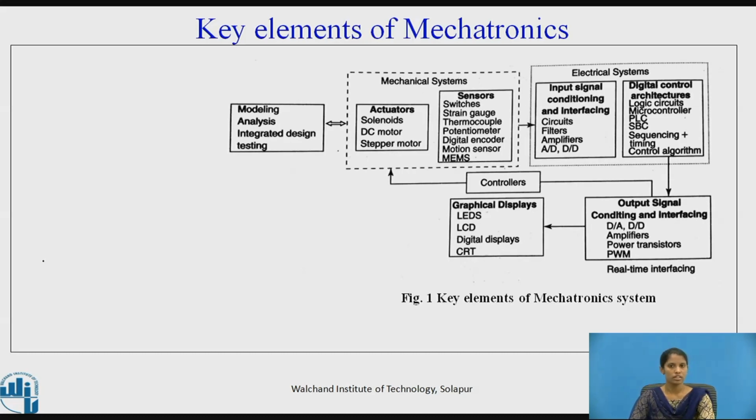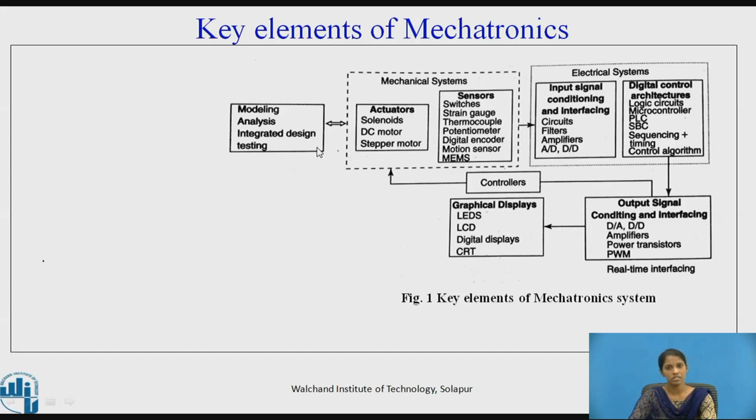Figure 1 shows the key elements of mechatronic systems. This is the block diagram of mechatronic systems, where it consists of modeling, analysis, integrated system design and testing. So it consists of various mechanical systems, electrical systems, graphical displays and output signal conditioning and interfacing.